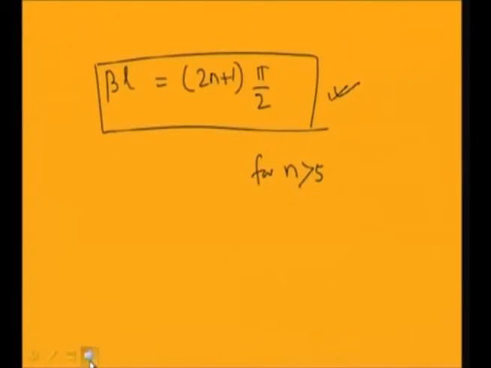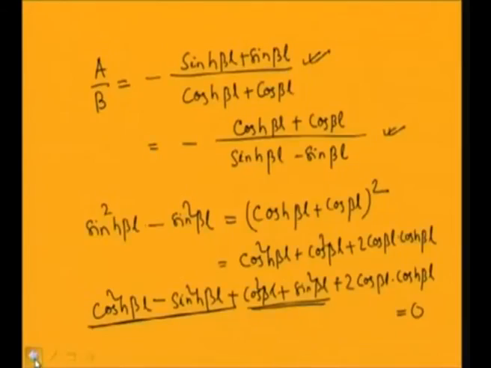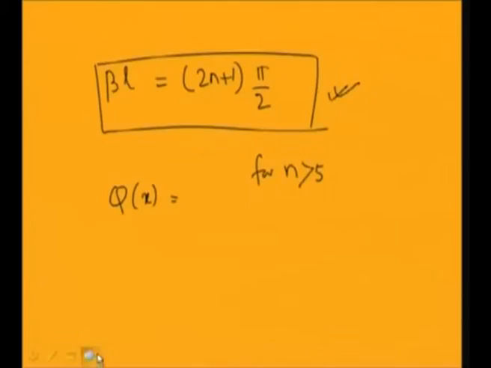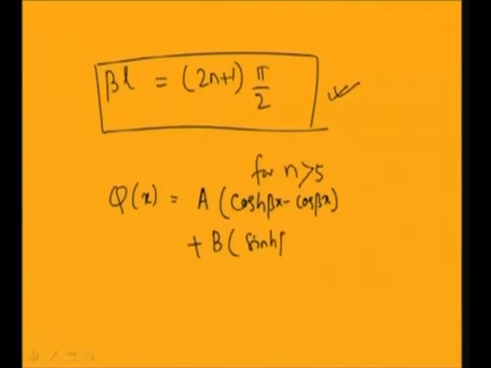So phi x, I can take the common, so phi x you can write in this form: phi x equal to a into (cos hyperbolic beta x minus cos beta x) plus b into (sin hyperbolic beta x minus sin beta x).